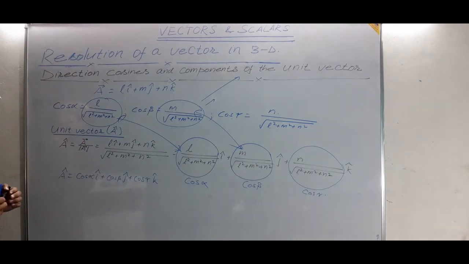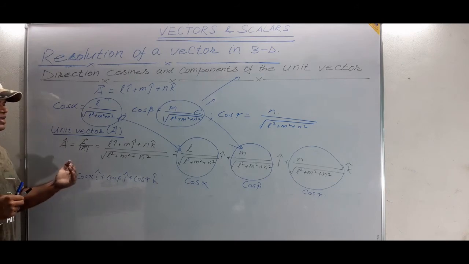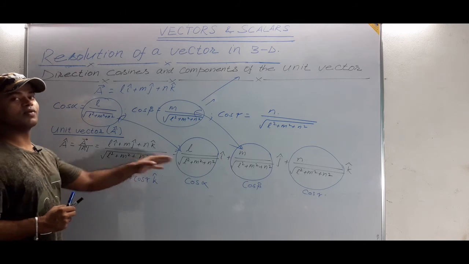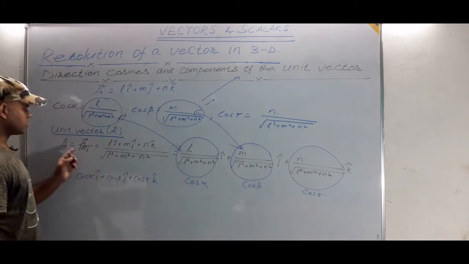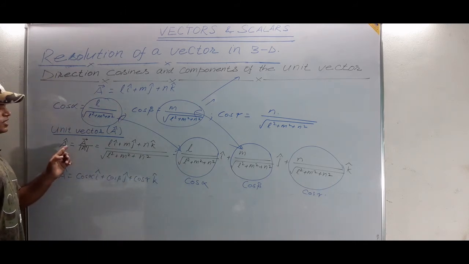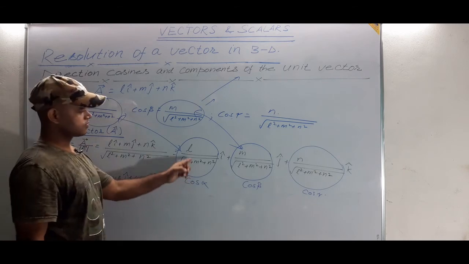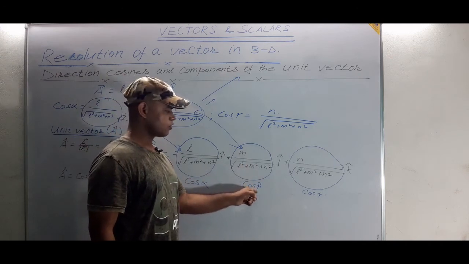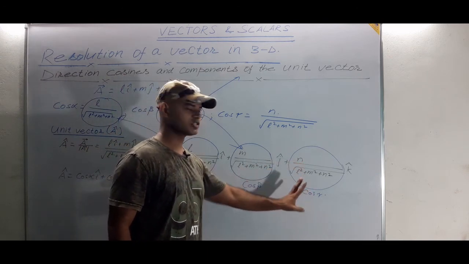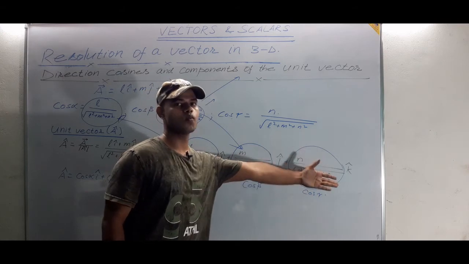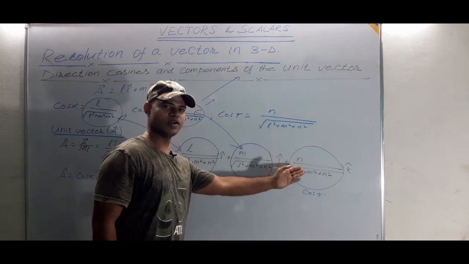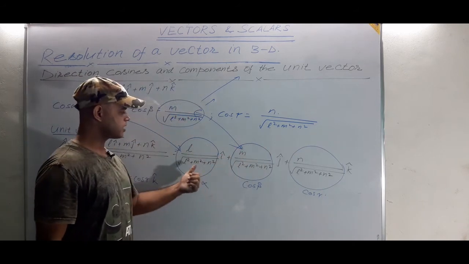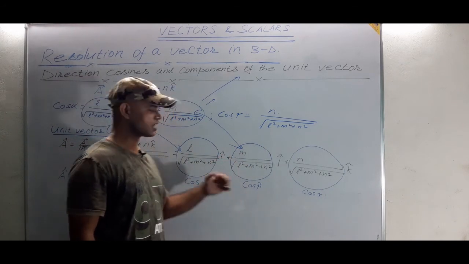In that way, you can also write cos square alpha plus cos square beta plus cos square gamma equal to unity, because this is a unit vector. Its magnitude is the root of cos square alpha plus cos square beta plus cos square gamma, which will be equal to 1. You can check it: in the numerator you will get L square plus m square plus n square, and in the denominator L square plus m square plus n square. So that will give unity.